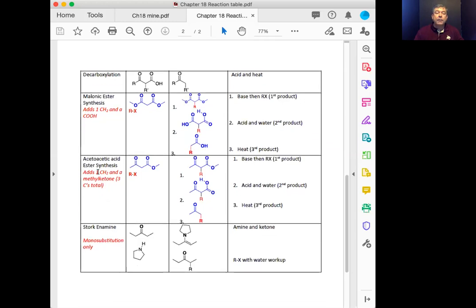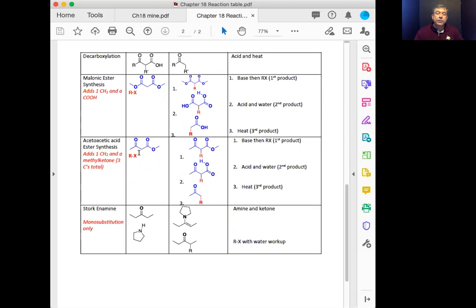Okay. And the same thing in our next 2 reactions, where we had our acetic acid here, we always end up adding 3 carbons. And we always end up with a methyl ketone, because it's this end of the system where this methyl ketone comes from. So the first step is, of course, our substitution with our enolate.